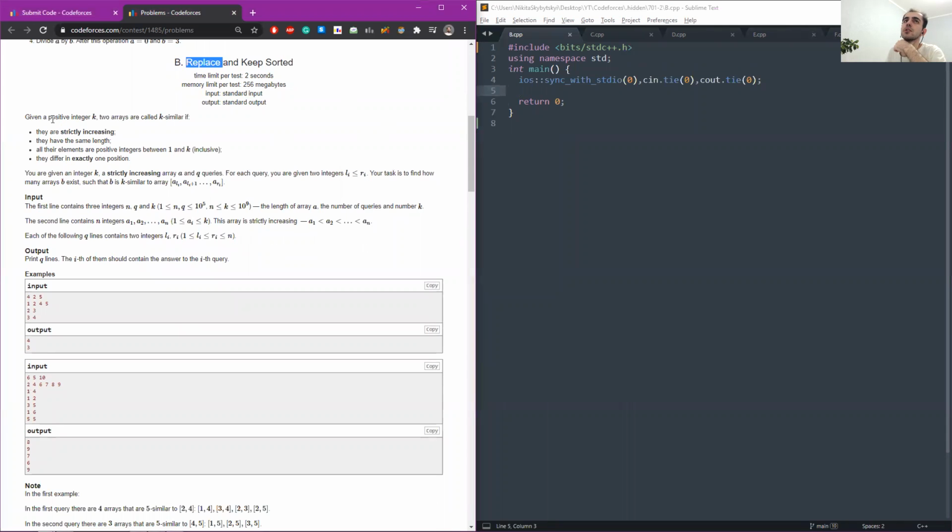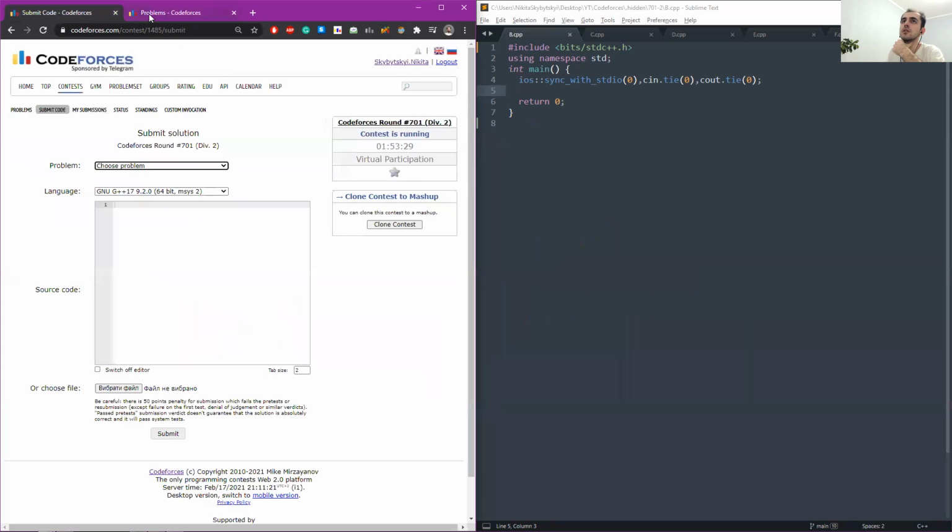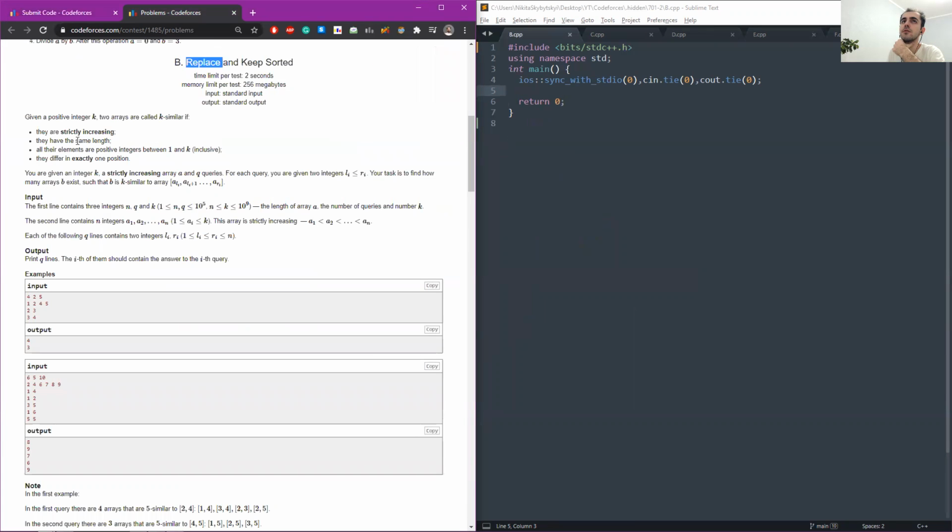Replace and Keep Sorted. Given a positive integer k, two arrays are called k-similar if they're strictly increasing, they have the same lengths, and all their elements are positive integers between 1 and k. Oh no, wait. What?